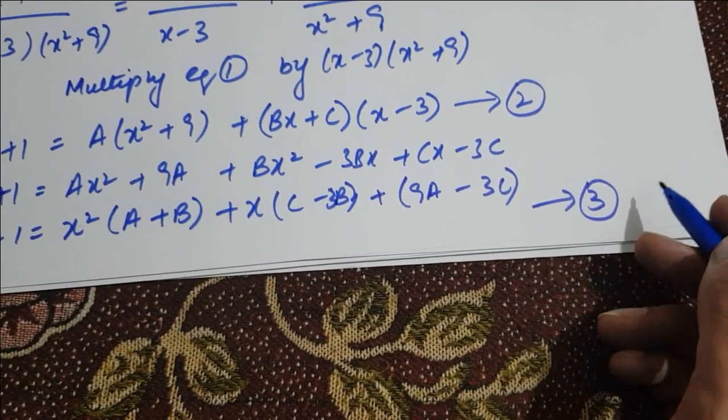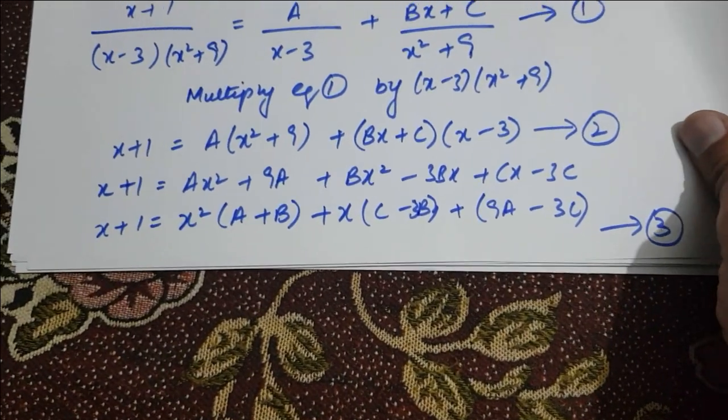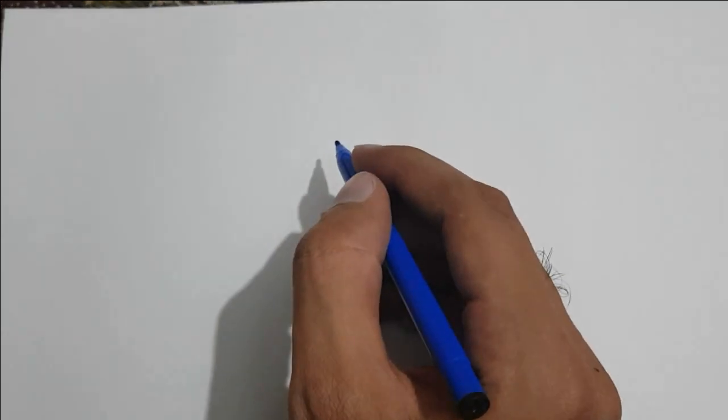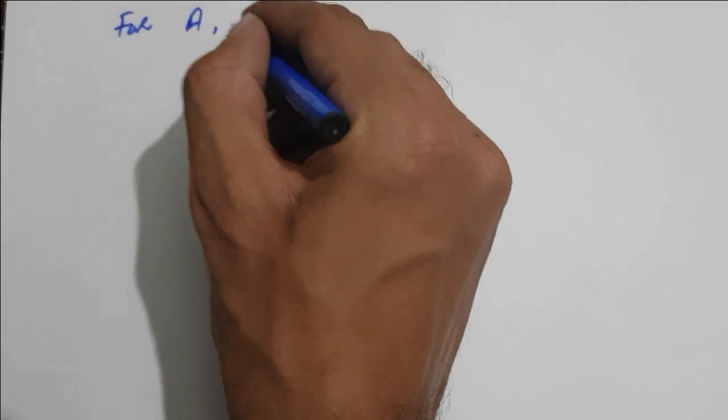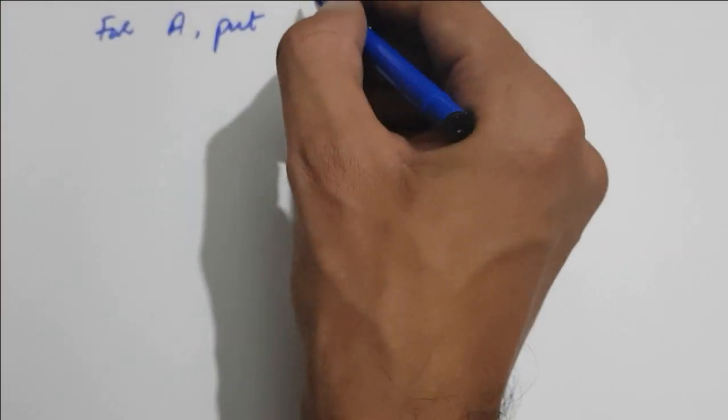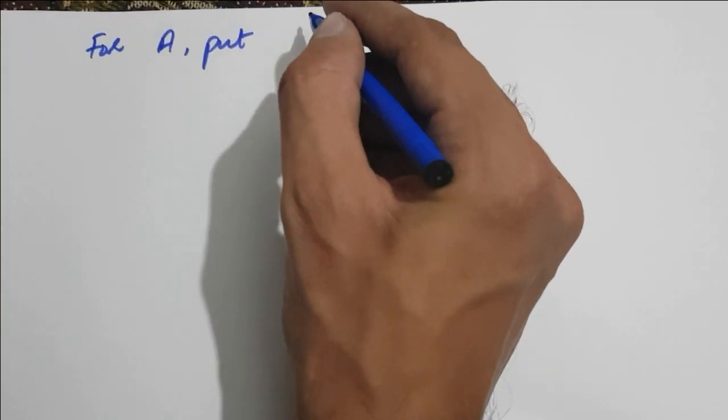Let this be equation number 3. So now we find the value of A by the method we already know, known as the zeros method.